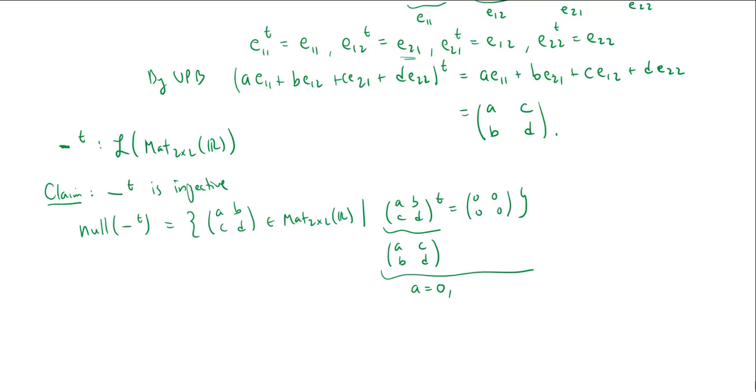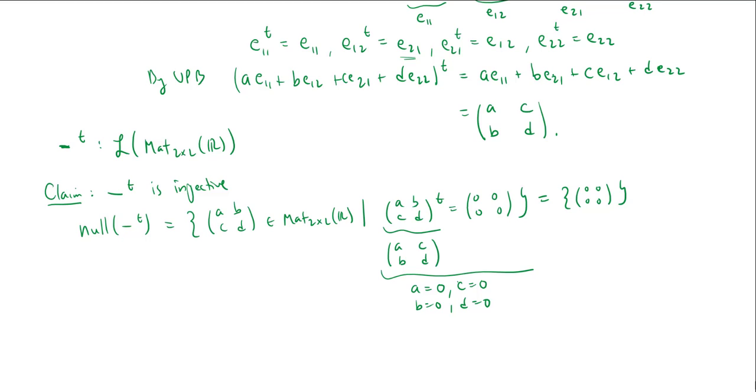So A has to equal 0, C has to equal 0, B has to equal 0, and D has to equal 0. Oh, well that just means that this is the 0 matrix. Wait a second, that means that the original matrix is the 0 matrix. That means you get just a single element in your null space, namely the 0 matrix.